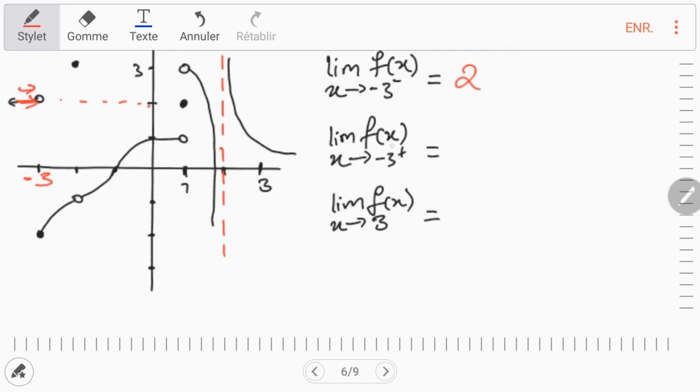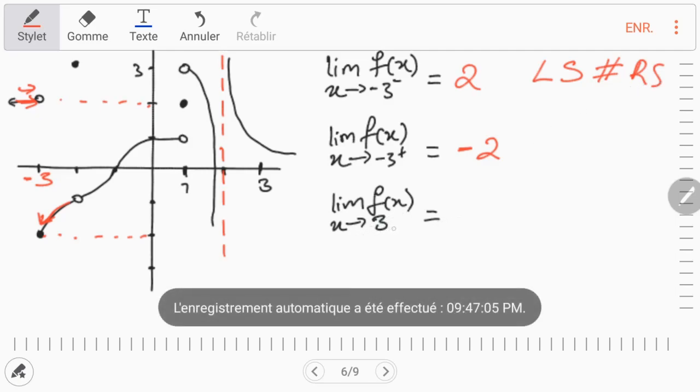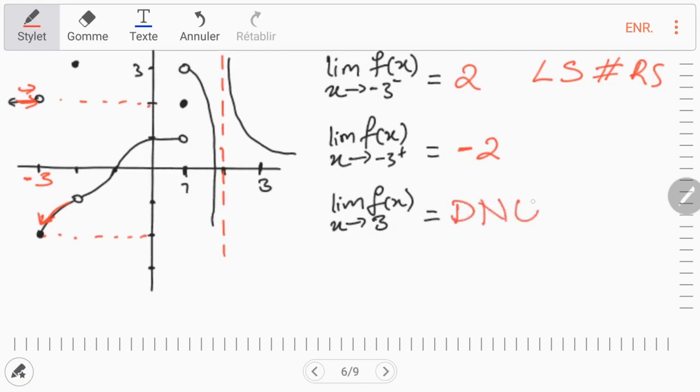The limit of f of x as x approaches minus 3 from the right side, we can see it is minus 2. Now we are asked the limit of f of x as x approaches 3. Since the left side is not equal to the right side, the limit of f of x as x approaches 3 does not exist.